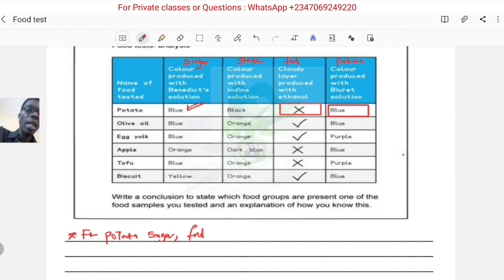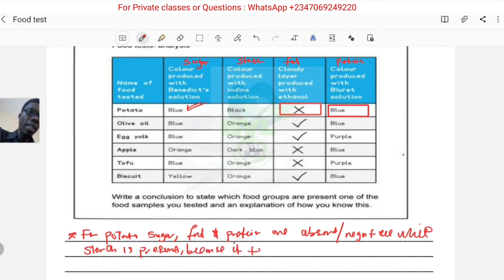That means sugar, fat, and protein are absent, or you can say negative, while starch is present because it tested positive with iodine. I hope you understand the whole concept.